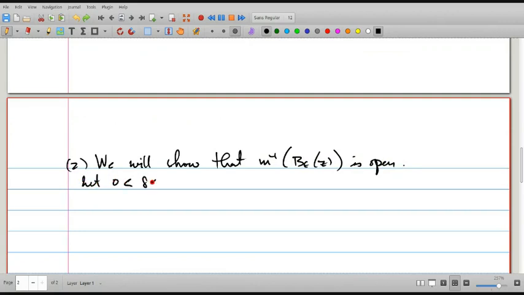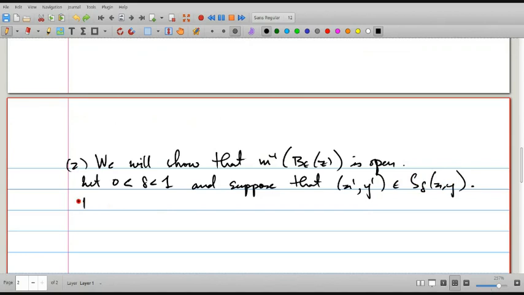Let delta be any real number between 0 and 1, and suppose that (x prime, y prime) belongs to S delta (x, y). Then the absolute value of x prime y prime minus xy is equal to the absolute value of x prime y prime minus xy prime plus xy prime minus xy.